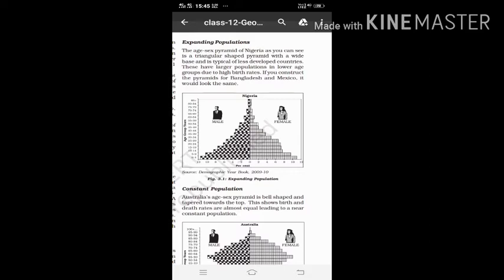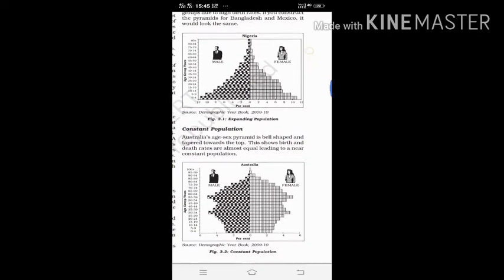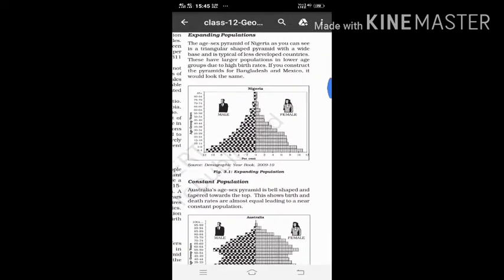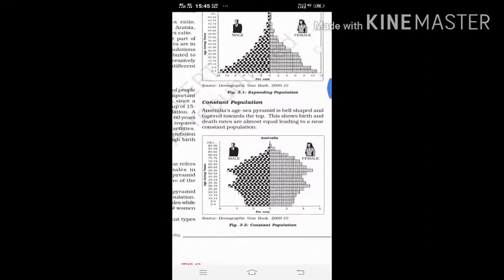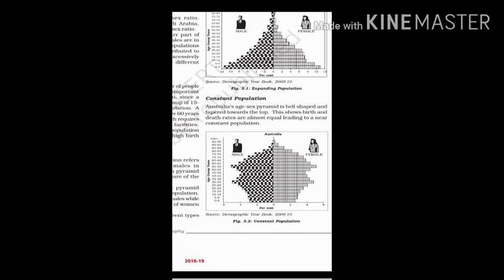These have a large population in the lower age group due to high birth rate. I have told you. So if you construct the pyramids for Bangladesh and Mexico, it would look the same. So if the question comes that name the countries with expanding population, you will be able to write Nigeria, Bangladesh and Mexico.